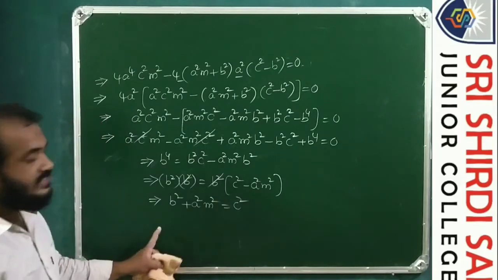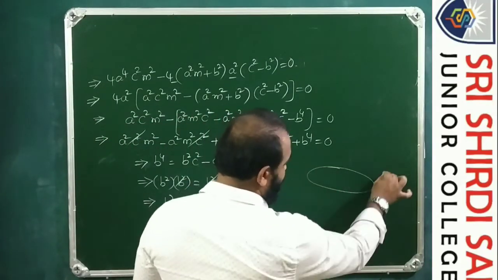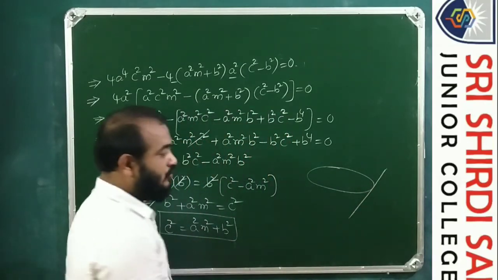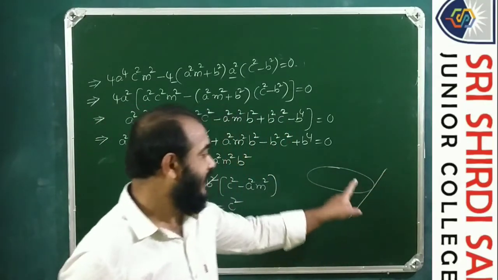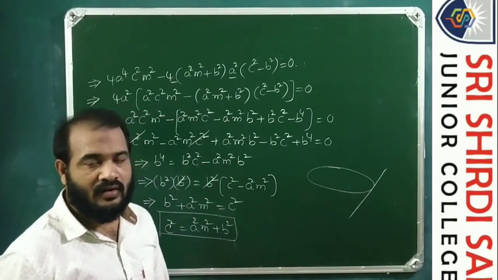Therefore, this is the condition for the straight line y is equal to mx plus c to be a tangent to the ellipse x square by a square plus y square by b square equals to 1.